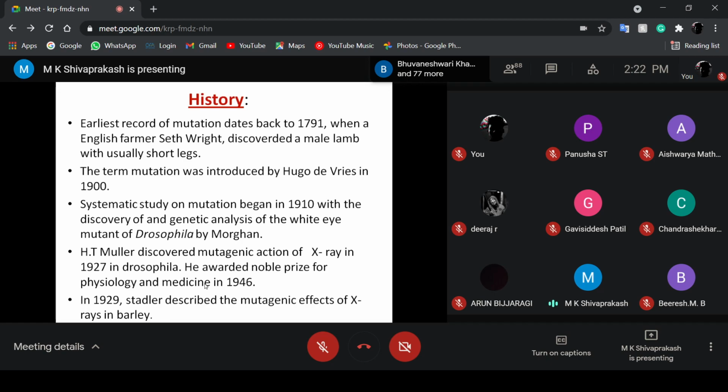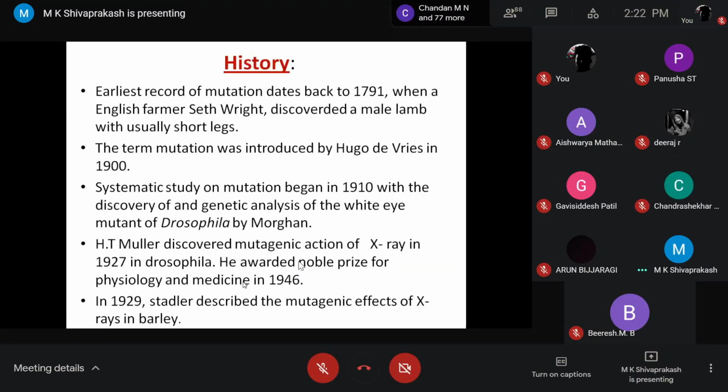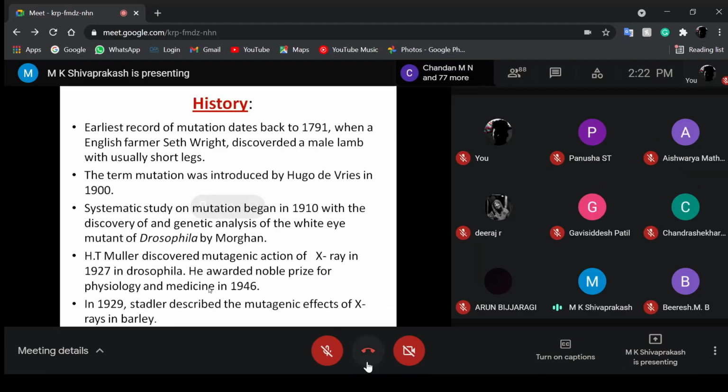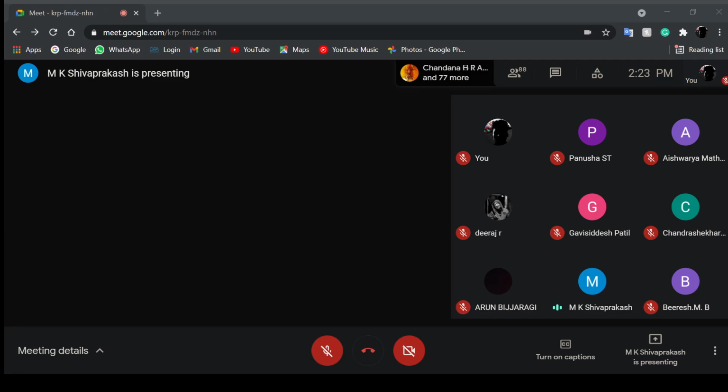Of course, he was not aware what the thing was. So the term mutation was introduced by Hugo de Vries in the 1900s. He was the first person to use the term mutation.